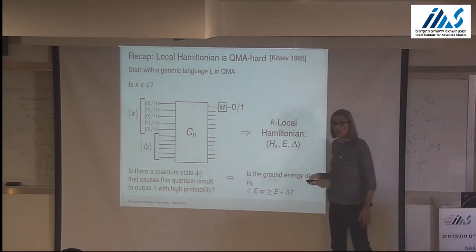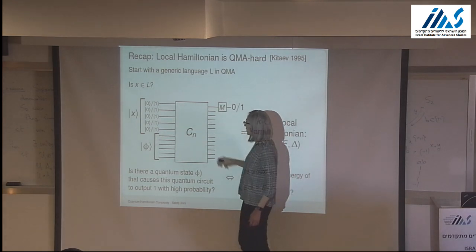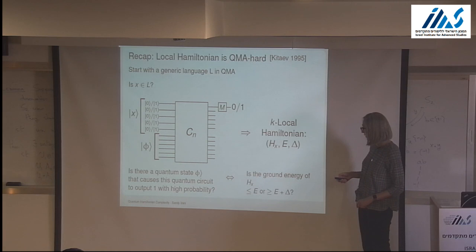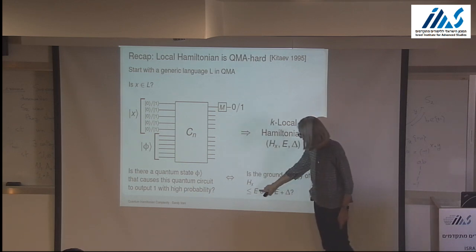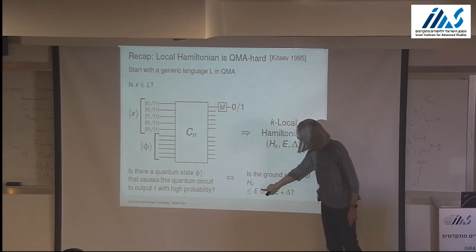Okay, so that's just the generic outline of the proof, and we showed that this can be reduced to k-local Hamiltonian. So in other words, we can use this circuit construction and the input X to create an instance of k-local Hamiltonian, so that if X is in the language, if the verifier accepts with high probability, then the lowest energy, the ground state of this Hamiltonian, is bounded from above.